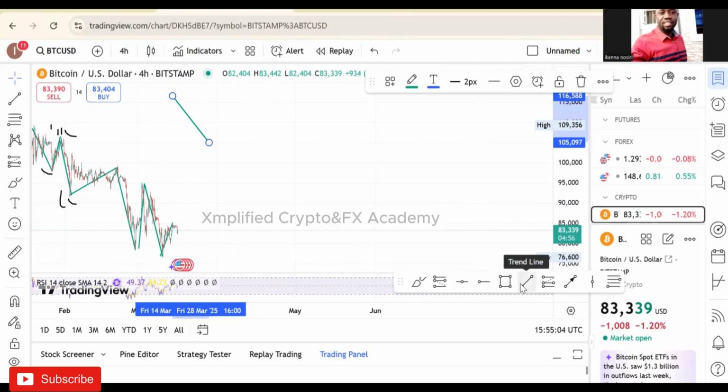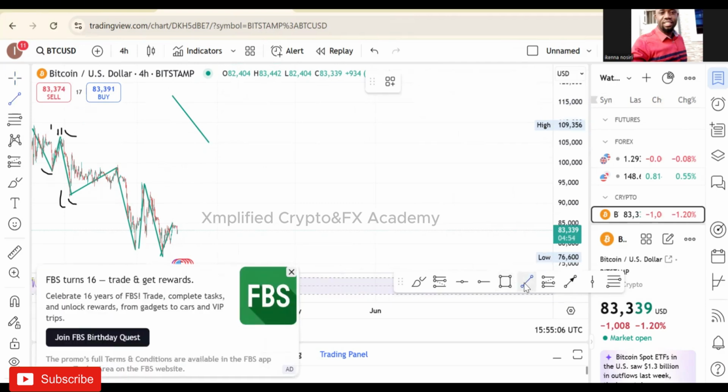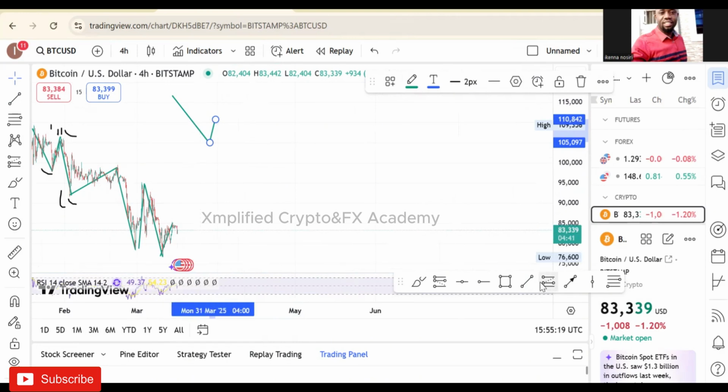Then you move here. A pullback, that is a buy-up. I think this one now, I will make it easier. I will use this one to tell us what to do on this.